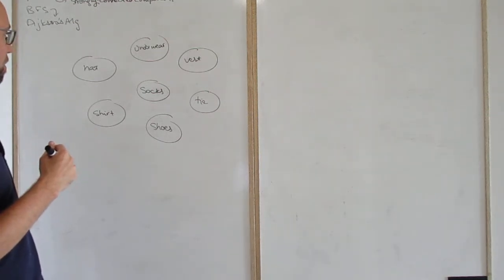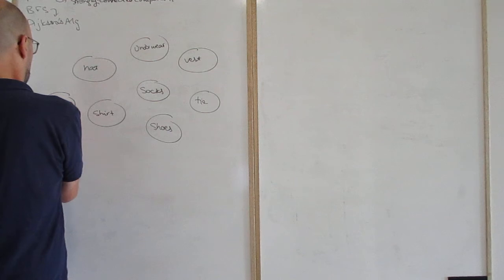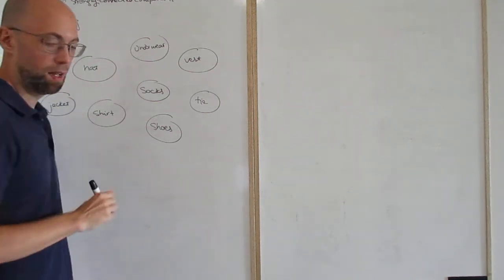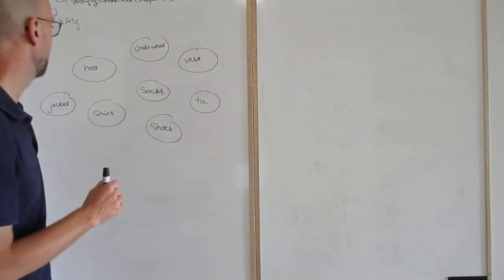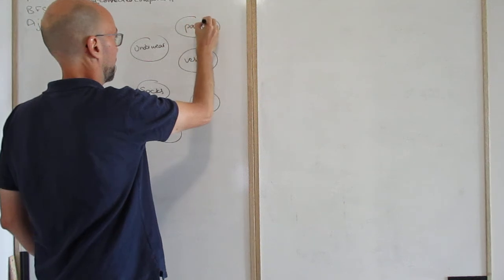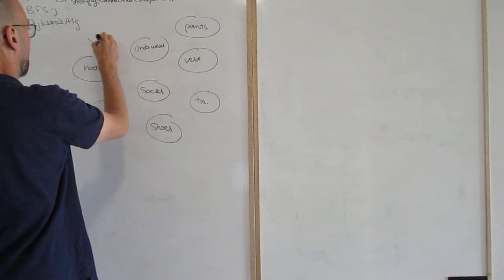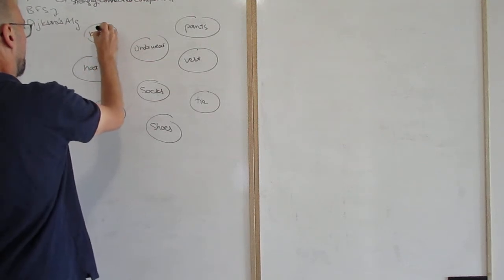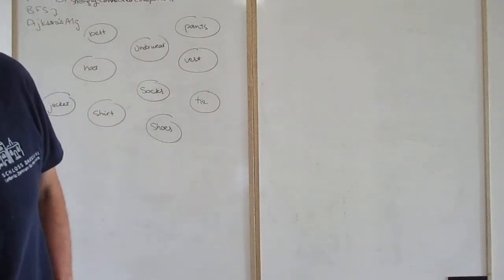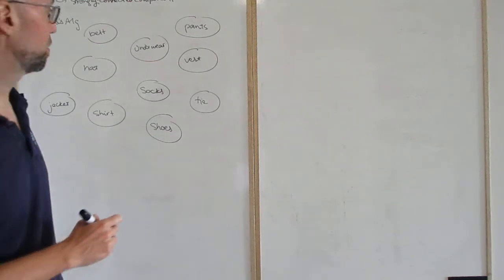Shirt, okay. What else do I wear? What else do they have? Oh, jacket, they have jacket. Oh, pants, right, this is important. Belt, okay. Belt, shirt, tie, jacket, socks, shoes, watch. Okay.